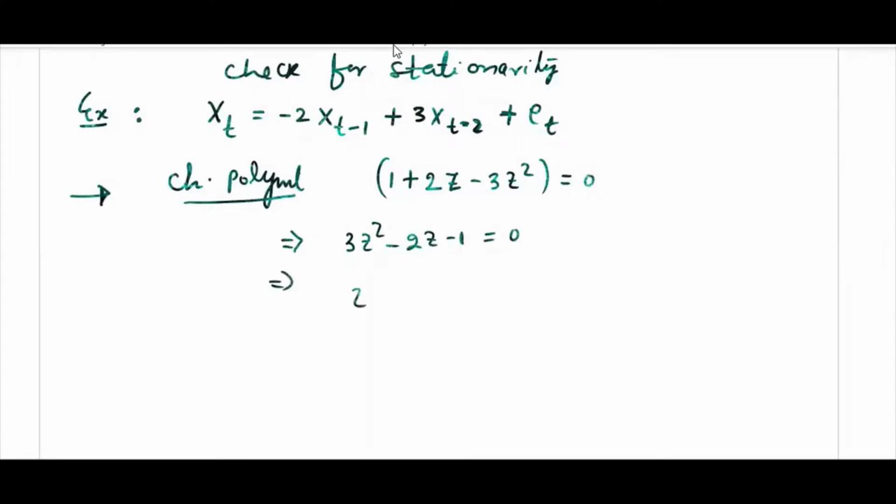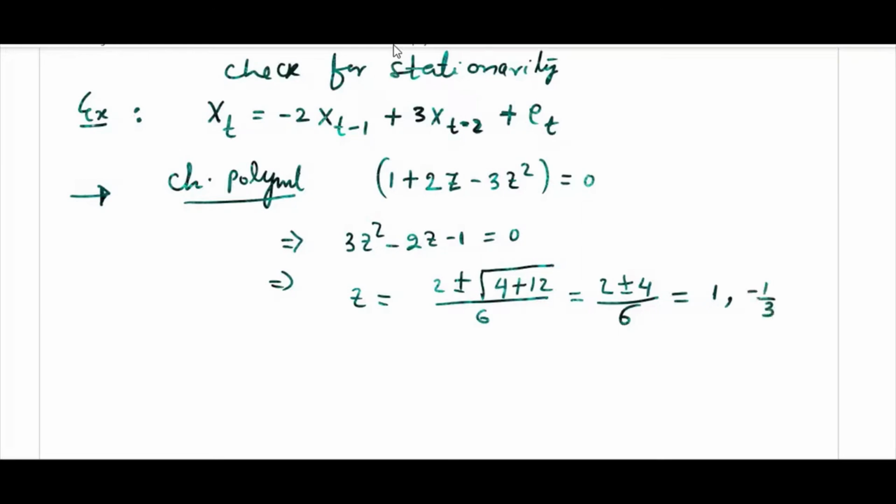You can use minus b plus or minus square root of b squared minus 4ac, divided by 2a. Two minus 4, that is minus 2, divided by 3. I hope it's correct. 6 by 6 is 1. And the other one is 2 minus 4, that is minus 2, divided by 3, minus 1 by 3.